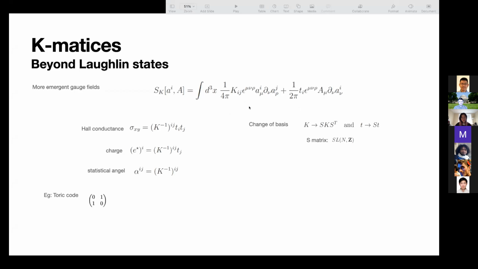So we can also consider the Hall conductance, the charge, the statistic angle. You can work out those by yourselves, I think. They all have very beautiful formulas. Also note that different K matrices and T vectors don't necessarily give us different states, so there's actually an equivalence relation.